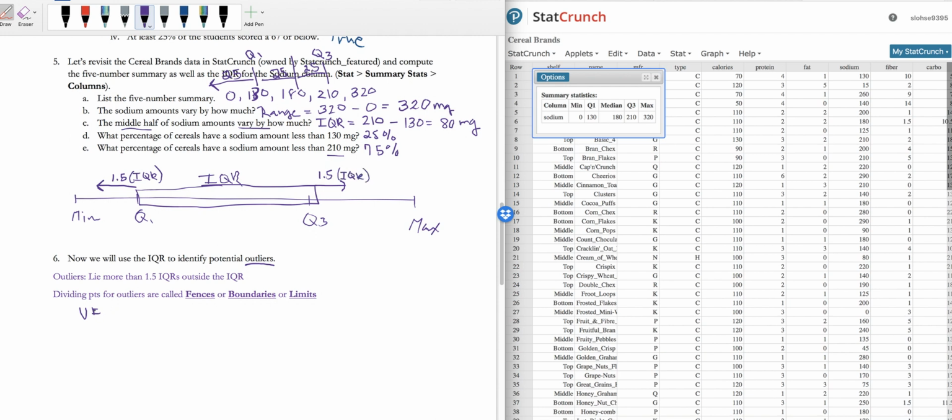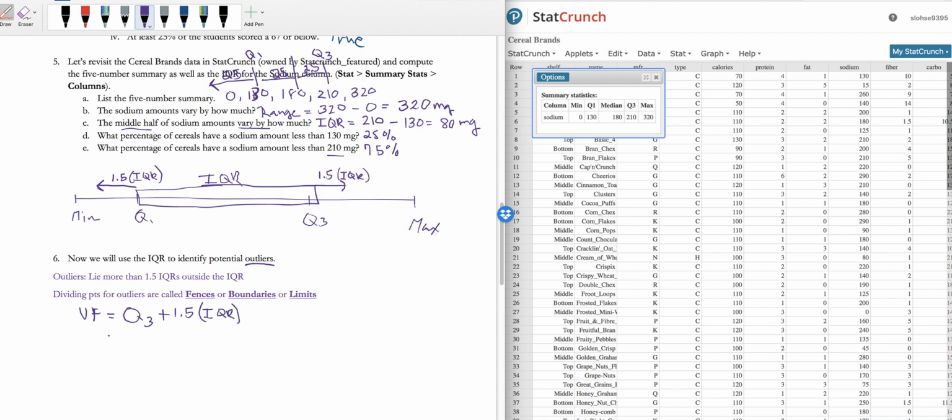Okay, so if I'm looking for the upper fence, I'm looking for the dividing point here on the right-hand side. So we're going to start at the upper edge of the inner quartile range, which is Q3, and we're going to add to it 1.5 times our interquartile range.